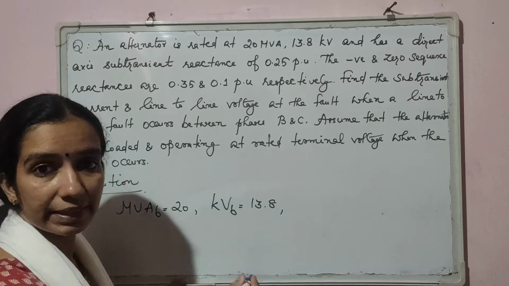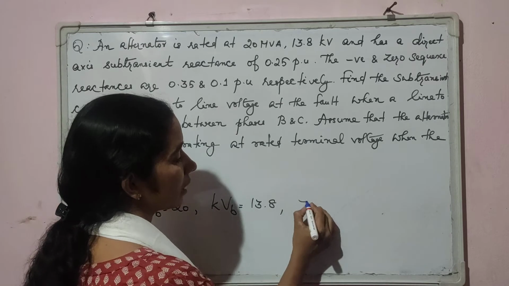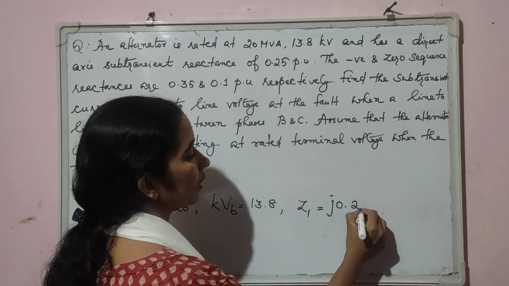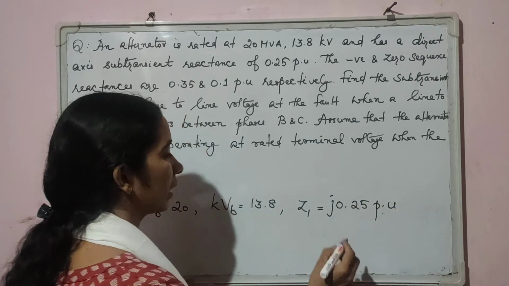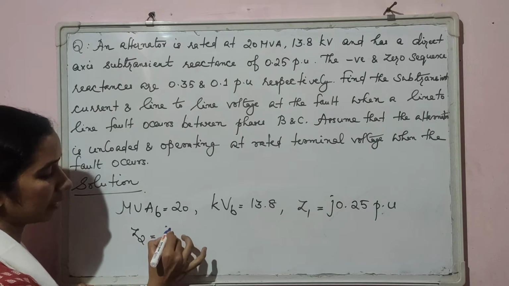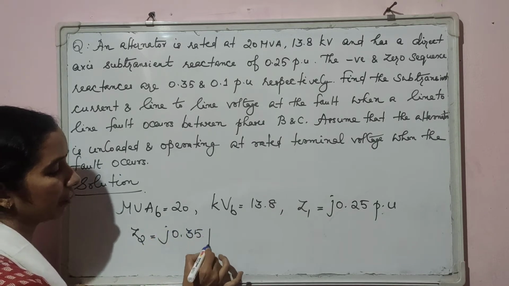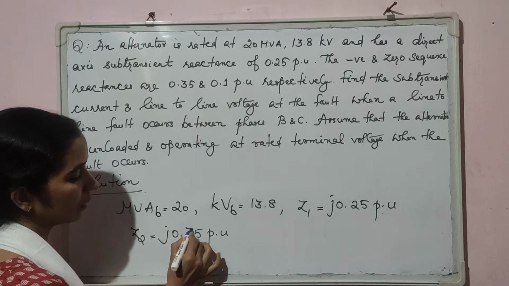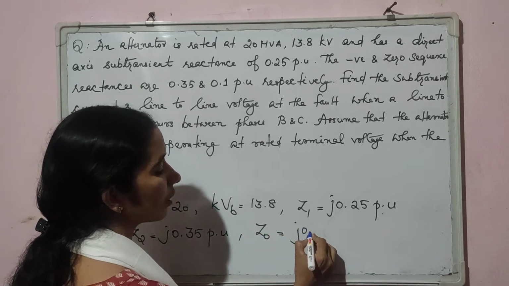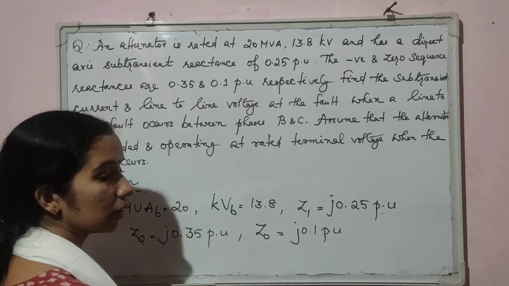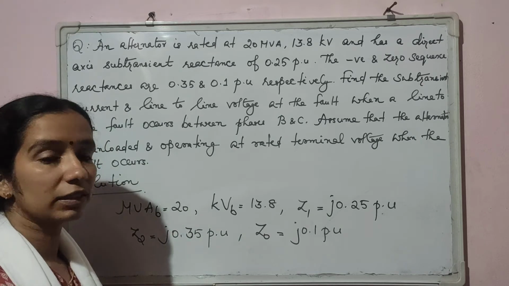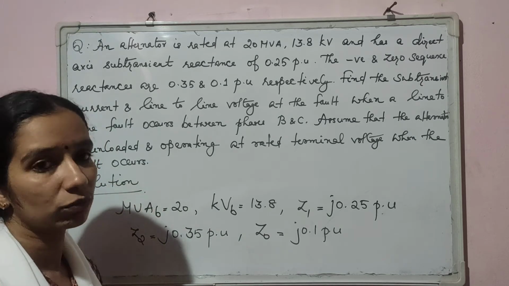Now the direct axis subtransient reactance, which is nothing but the positive sequence reactance, is equal to J 0.25 per unit, and the negative sequence reactance Z2 is equal to J 0.35 per unit, and the zero sequence reactance Z0 is equal to J 0.1 per unit. So we have noted down all the given parameters. Now let us calculate the various currents and the line-to-line voltages.